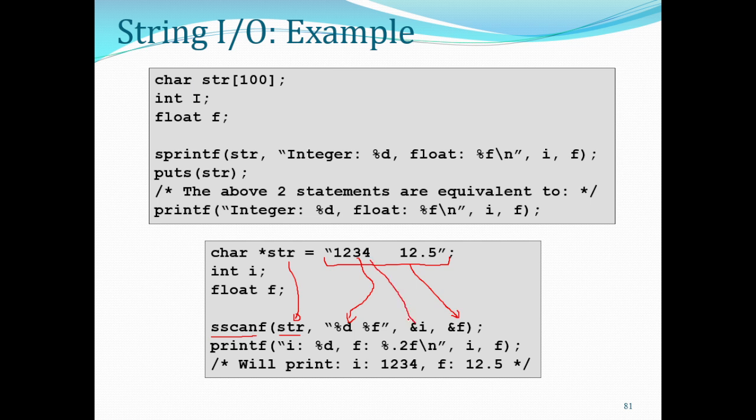So the integer will be 1234, and then the floating point will be 12.5. So the scanf and sprintf functions, again, are not reading from file, there's no IO. It's reading from a string and writing to a string with format.